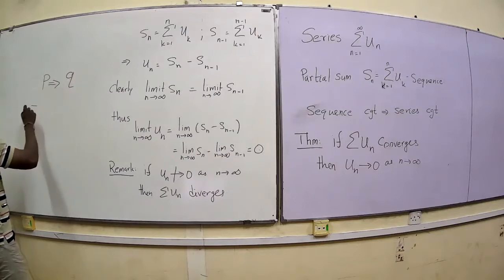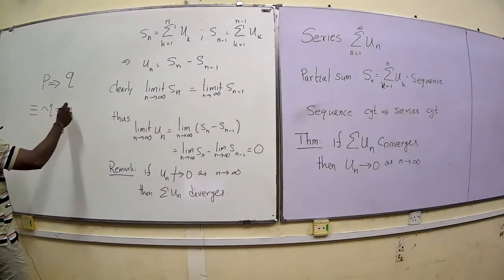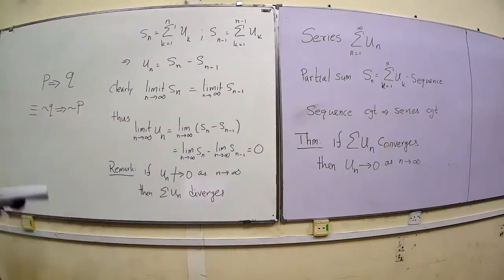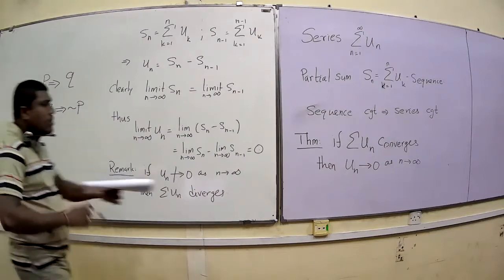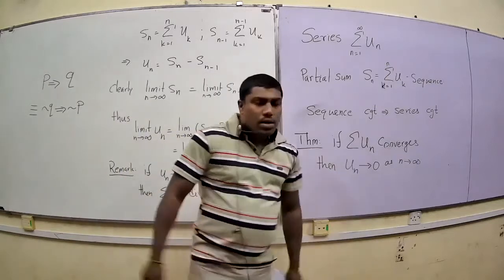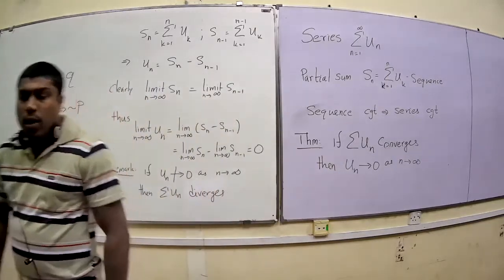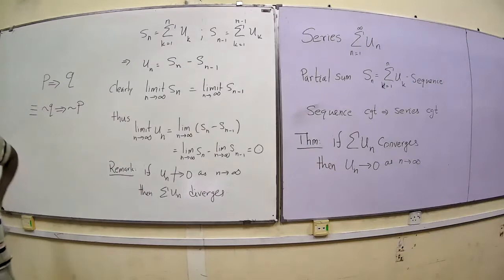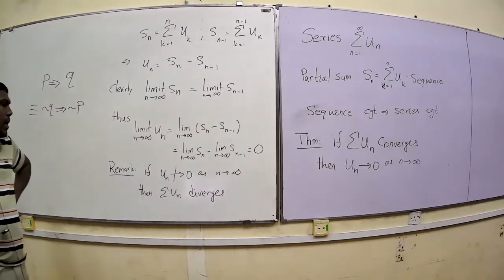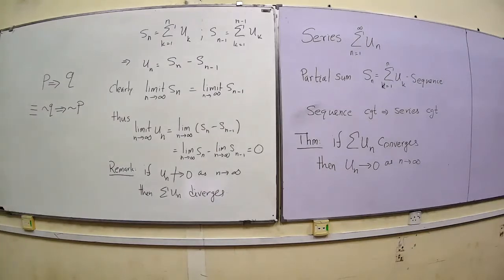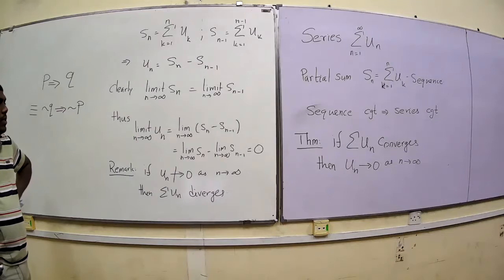P implies Q is logically equivalent to not Q implies not P. So the logical equivalent is: un does not go to 0 implies that sigma un does not converge. So that is clearly, sigma un diverges.